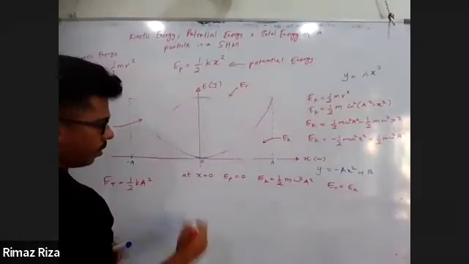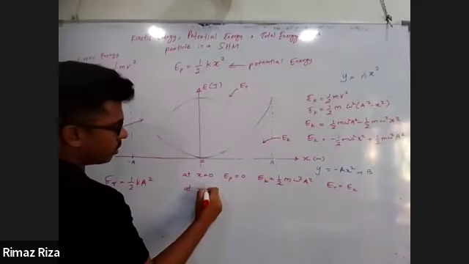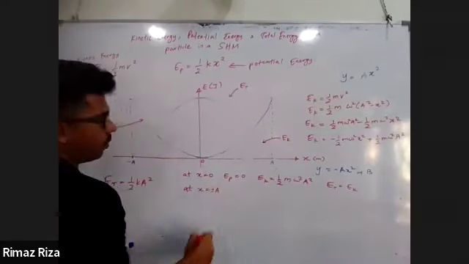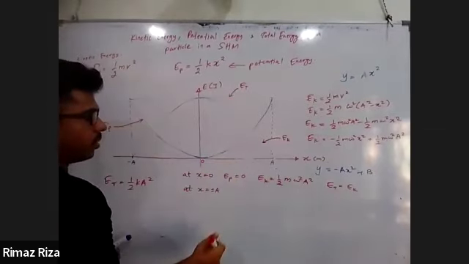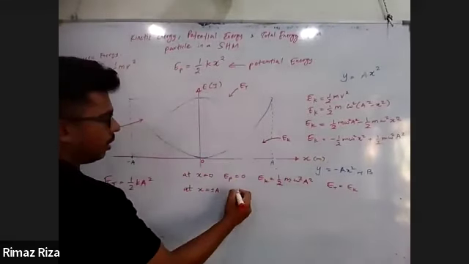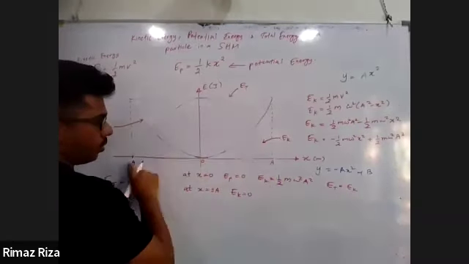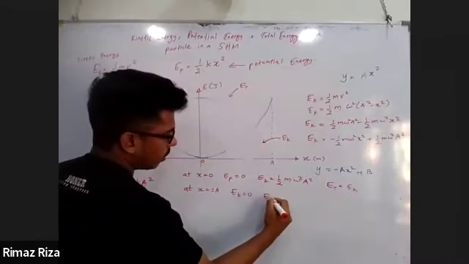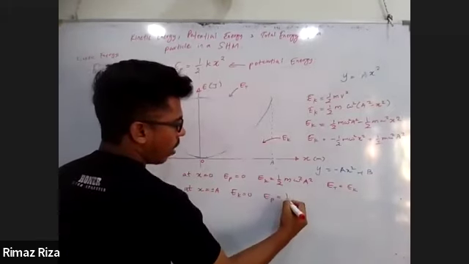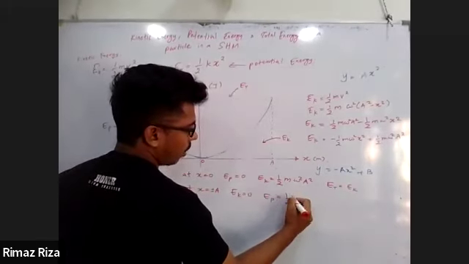And at x equals plus or minus a, you can put either plus a or minus a, you will get E K is 0, kinetic energy is 0, and E P, the potential energy, will be half k x squared.